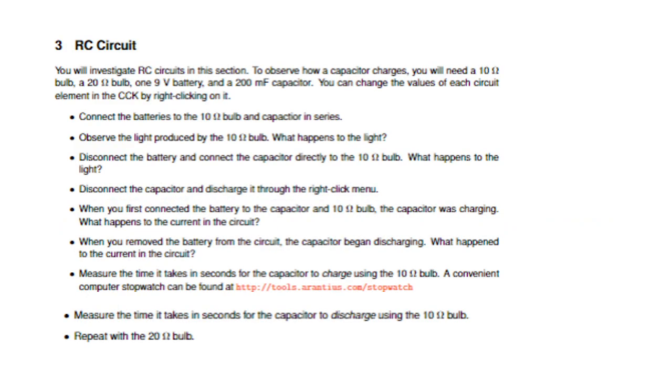For the RC circuit, we investigated the RC circuit to observe how the capacitor charges, and we measured the time it takes for the capacitor to discharge. For those measurements, it took about 12 seconds for the 10 ohm bulb to discharge, while the 20 ohm bulb took about 30 seconds.